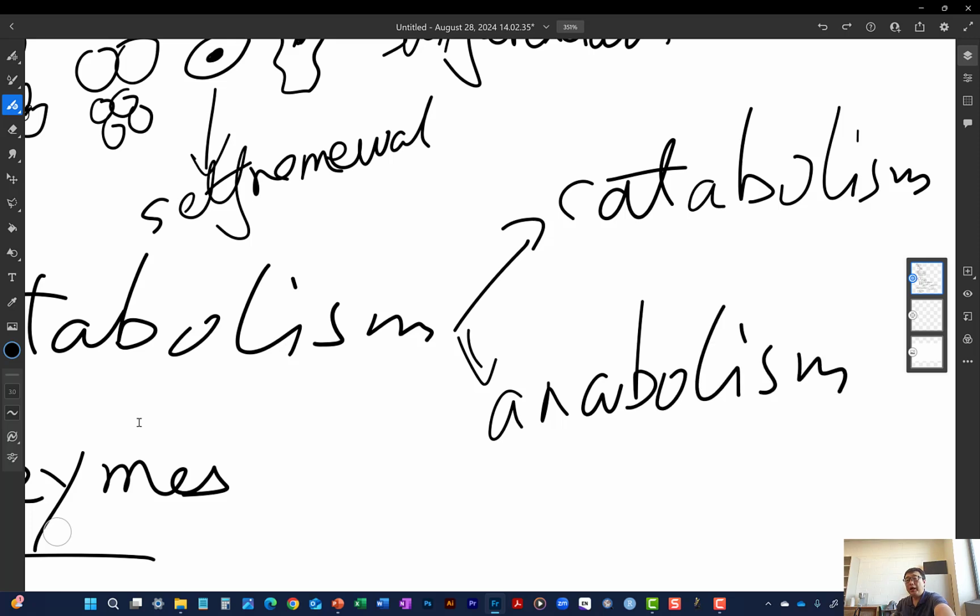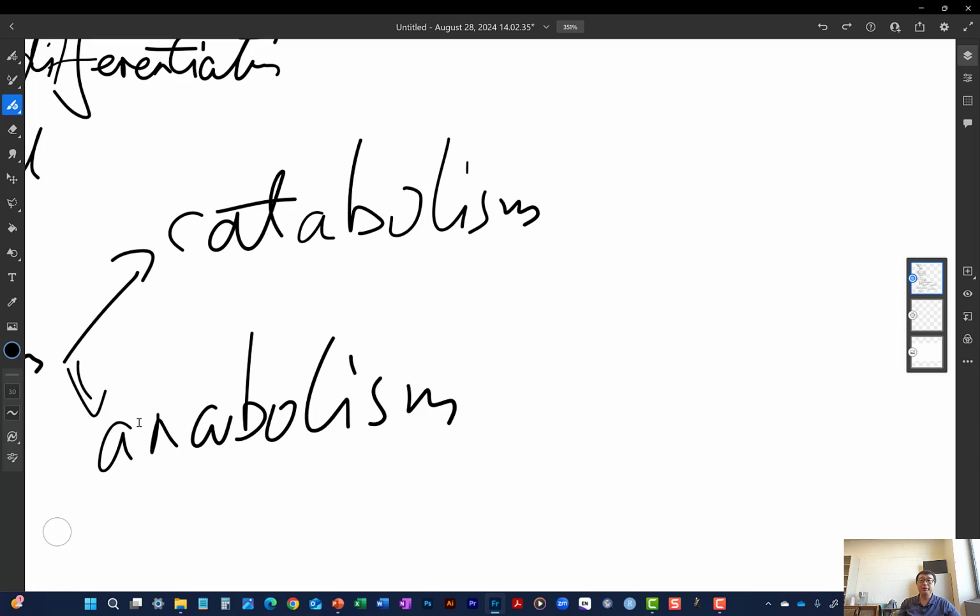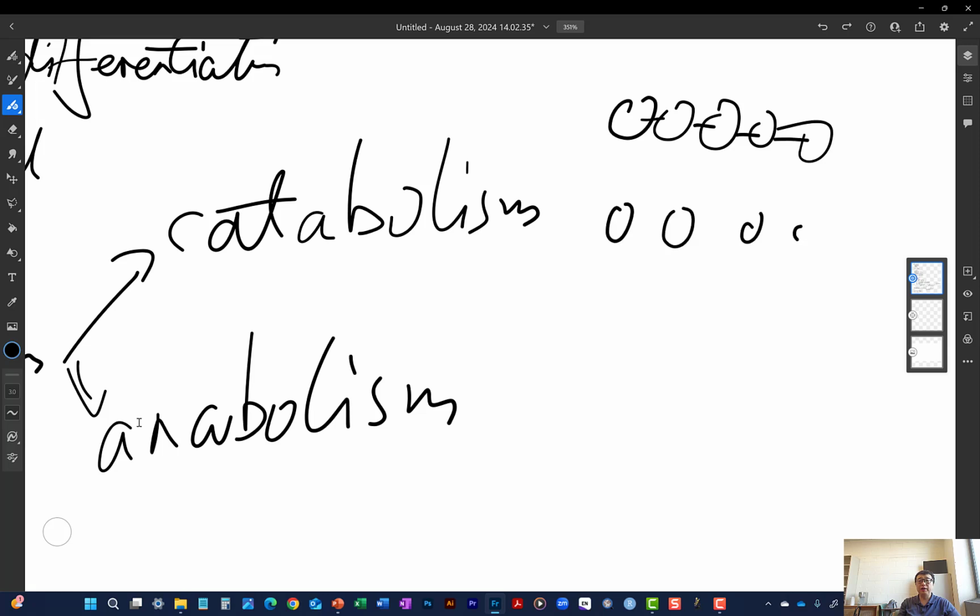What's the difference? Catabolism, for example: you eat some starch. Starch is joined up by glucose, and then in your body it breaks down into glucose, and each of those glucose becomes energy. This is catabolism.